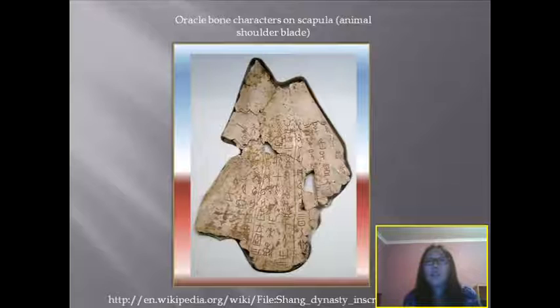The people of the Shang dynasty had the practice of performing divination. How did they perform divination? They used tortoise shells and oxen scapulas.